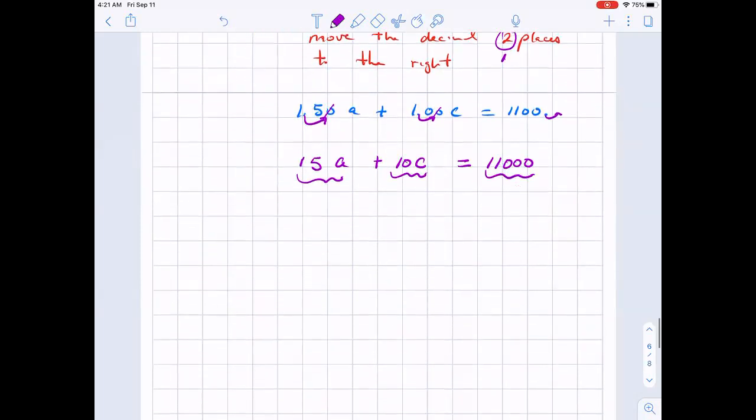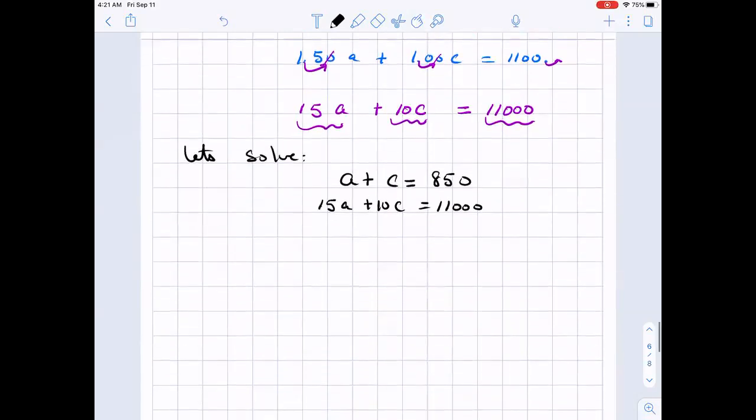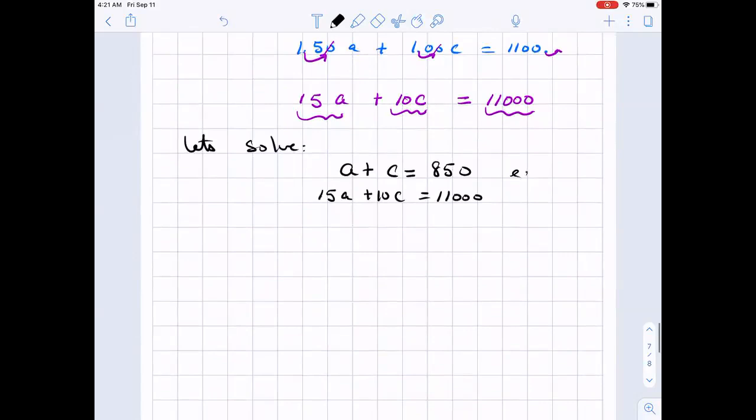So now let's solve. Two equations. A plus C is equal to 850, and 15A plus 10C is equal to 11,000. We can use the elimination method. Let's call this equation 1, equation 2.